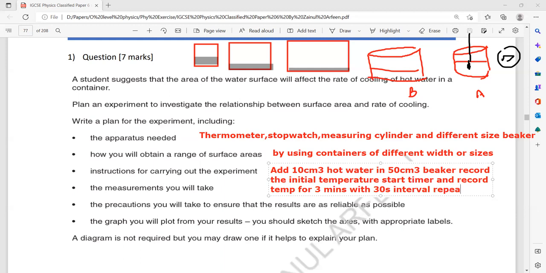And then we will repeat with other beakers, or beakers with different surface areas.